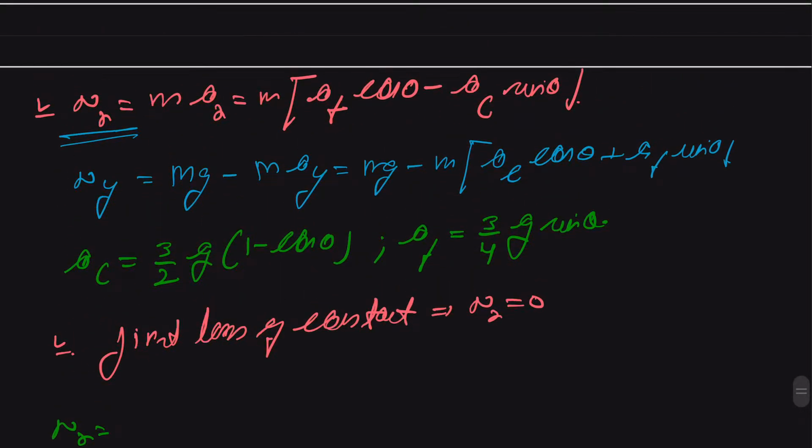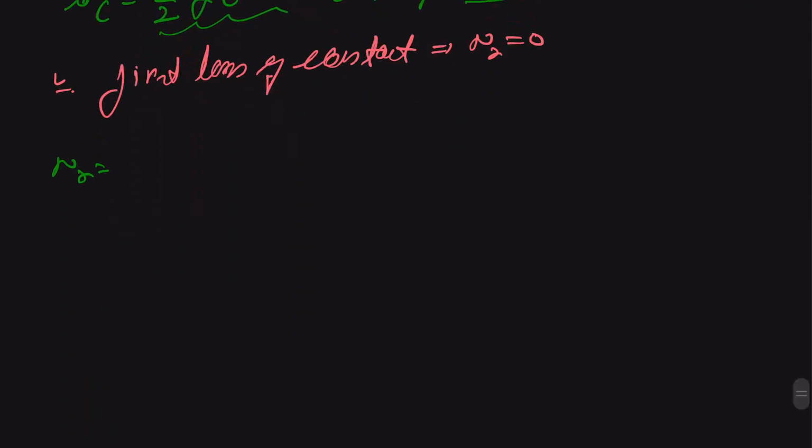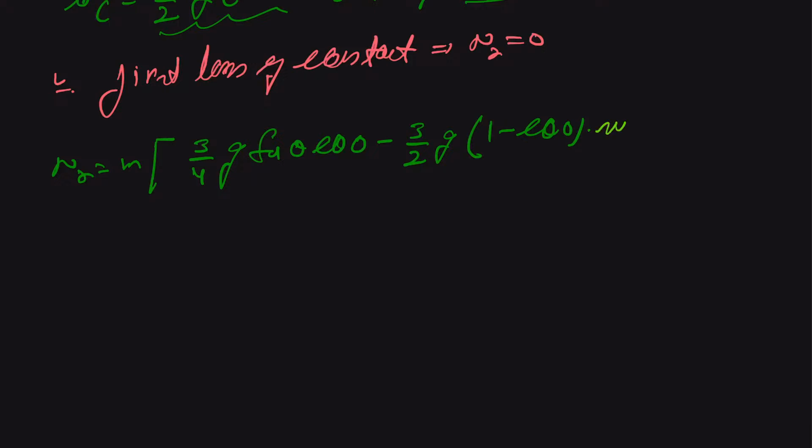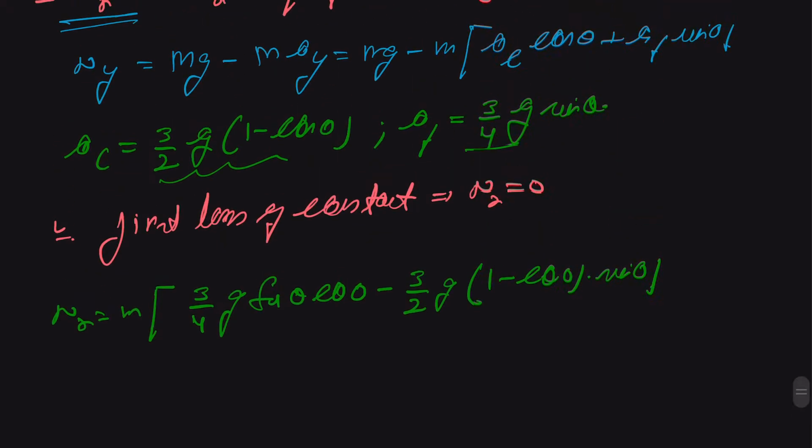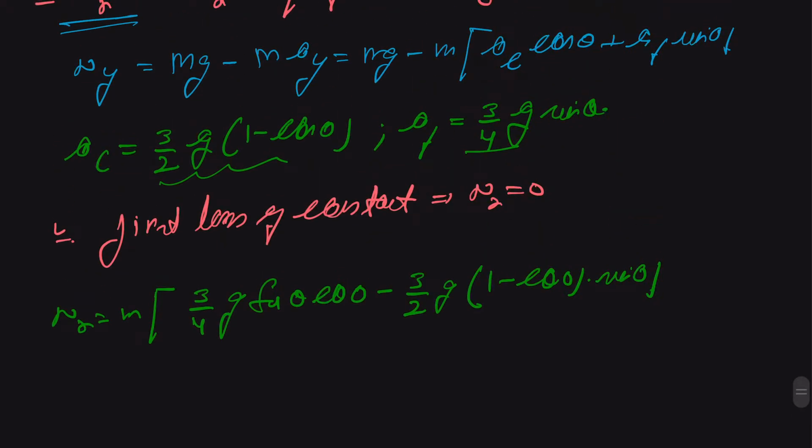We can substitute it and then solve it. So we get this as m times 3 by 4 g sine of theta cos of theta minus 3 by 2 g times (1 minus cos of theta) times sine of theta.